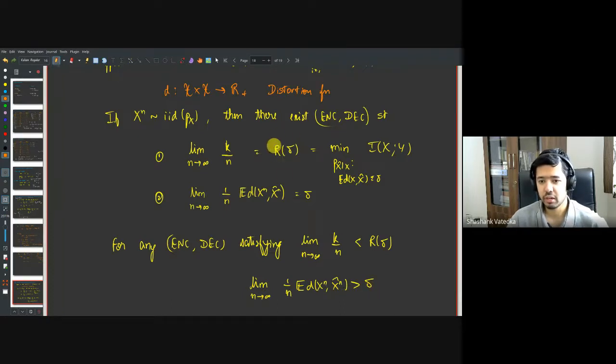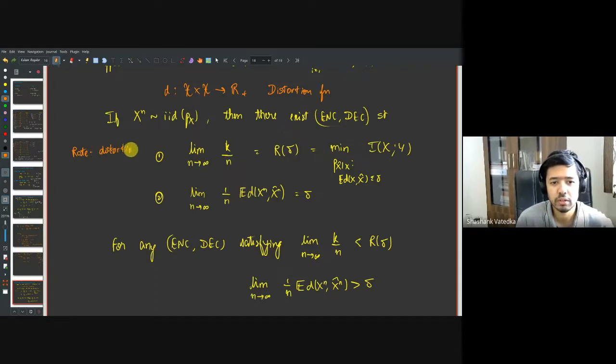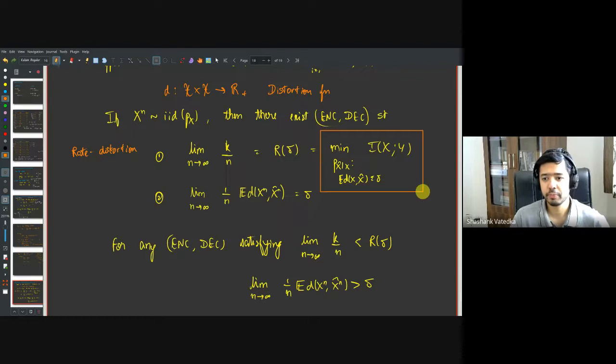So this R of delta, which is called the rate distortion function, turns out to be this quantity for a given delta, for a given d, and for a given input distribution p_X. The minimum rate of lossy compression is basically given by this function.